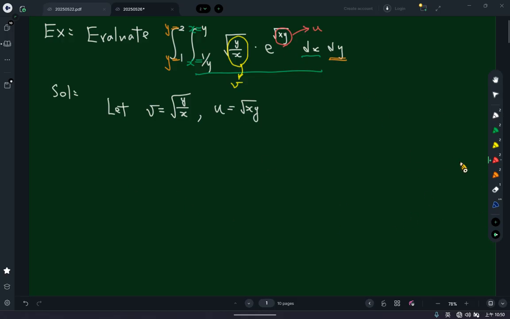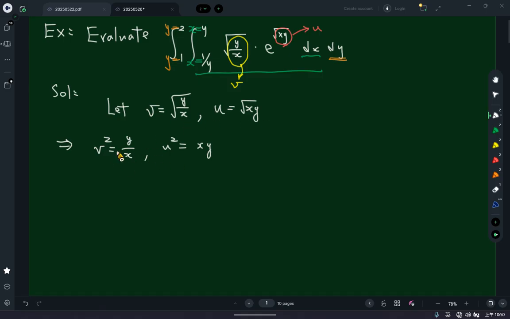Let's assign these. Then we know that v squared is y over x, and u squared is equal to xy. That is not that hard, right? We just take the square at both sides for these two equations.